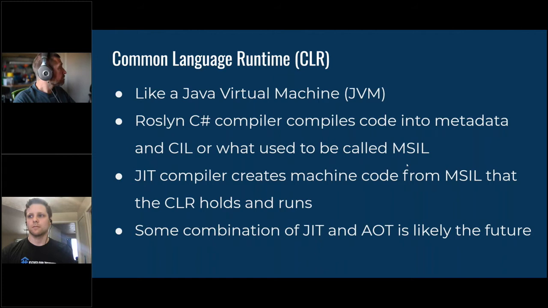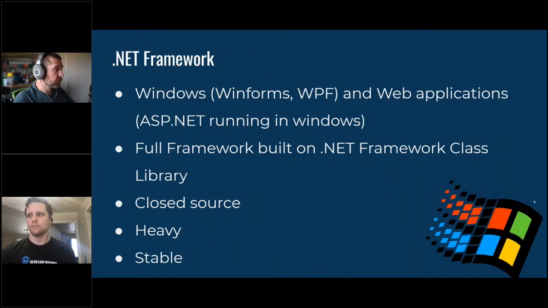Okay. Let's talk about .NET Framework. So .NET Framework is, as you saw in the history slide, the original .NET. It is what was built many years ago, and it's what is used today, and it's been steadily improved upon all the time. It's a Windows-only framework, really.